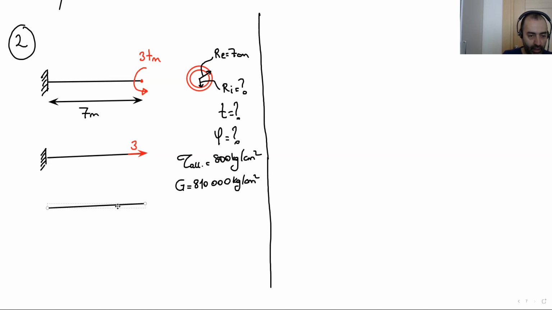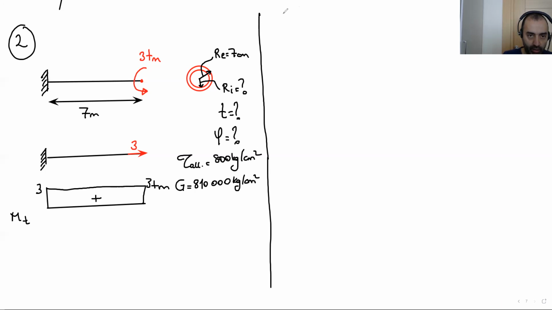If you do this calculation, you will see it's positive 3 ton-meter. So we have 3 ton-meter torsional moments on our system. Let's find the thickness of the hollow section.